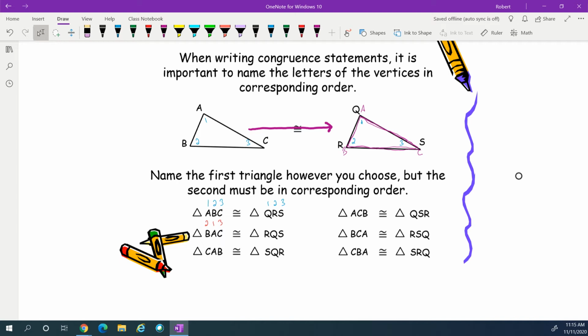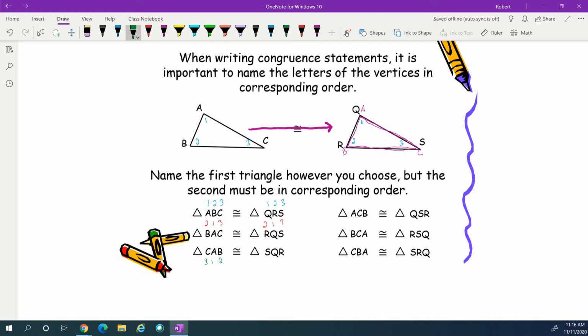I have to match it in the same order. 2, 1, 3. Well, vertex 2 was R. Vertex 1 was Q. And vertex 3 was S. And the same idea is happening in all of these. CAB. Well, if I look at my first triangle, CAB, that's 3, 1, 2.